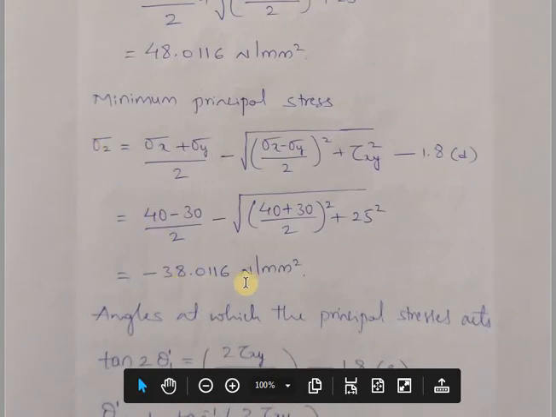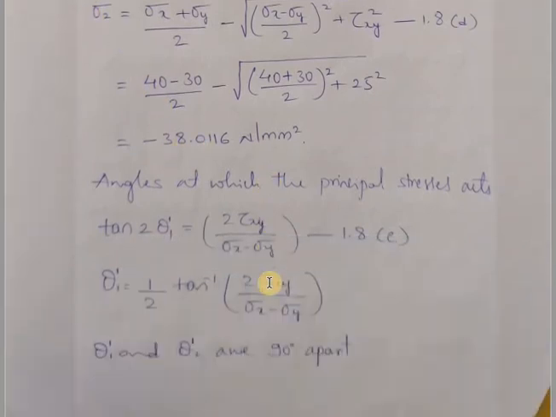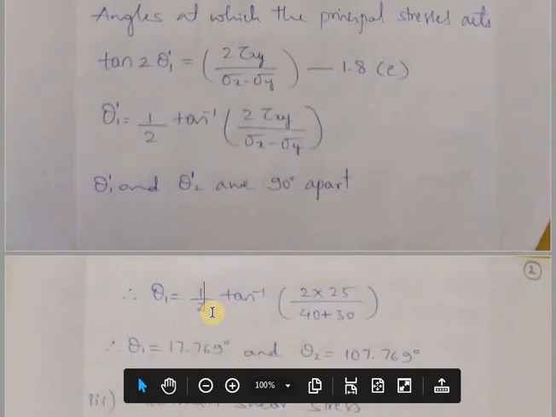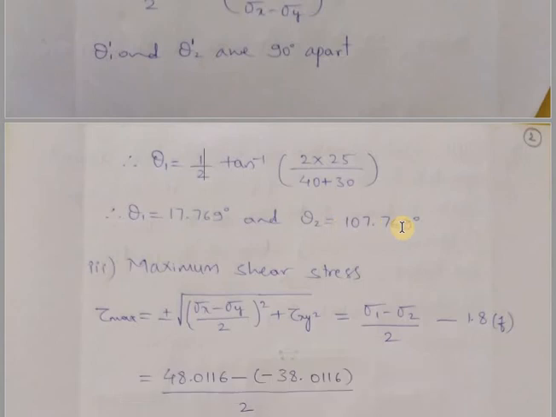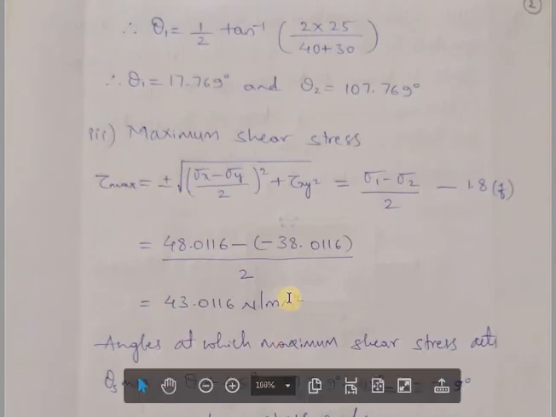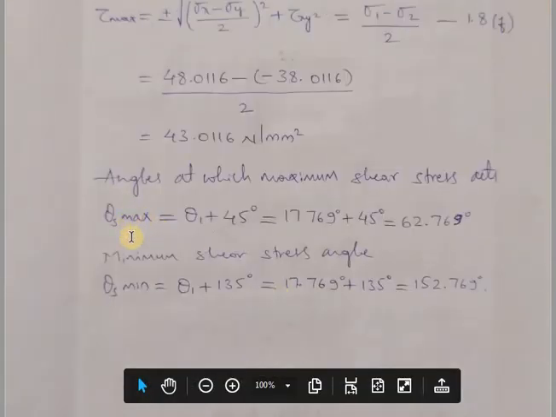Sigma 2 is the minimum principal stress, and its location is calculated here as theta 1 17.769 and theta 2 as 107.769 degrees. And third, we have maximum shear stress. So tau max is the maximum shear stress and its location we have calculated. So this is the solution for the first problem.